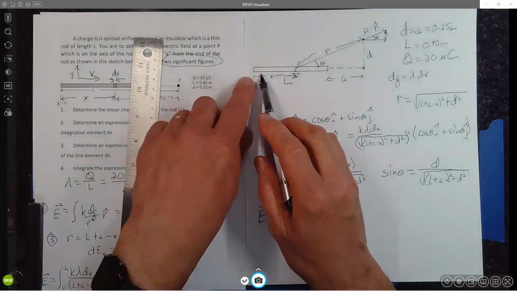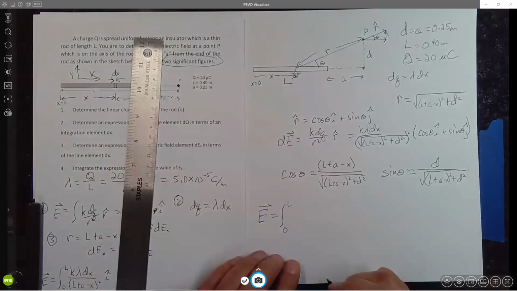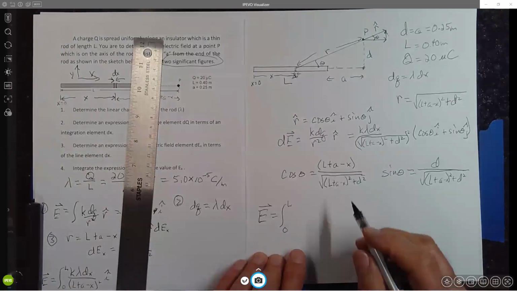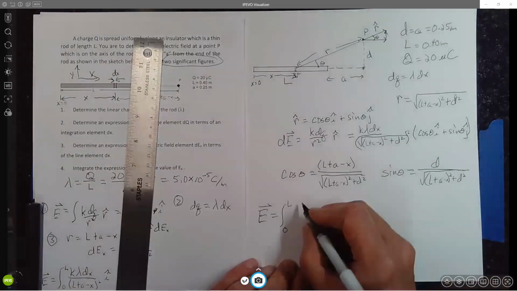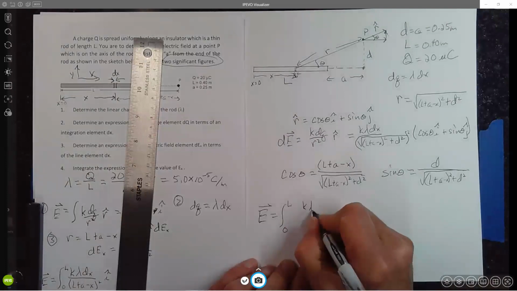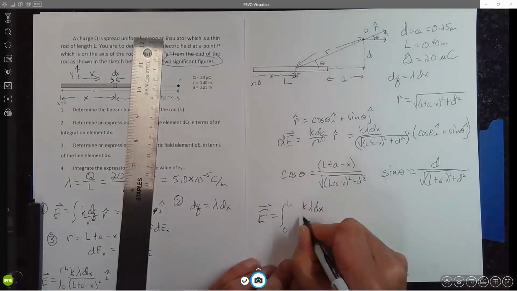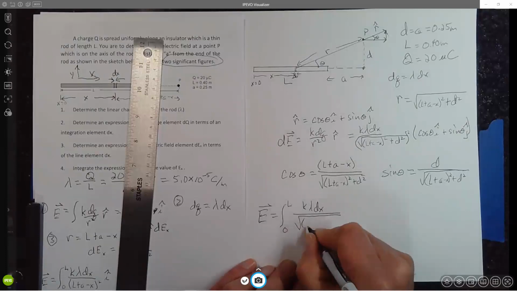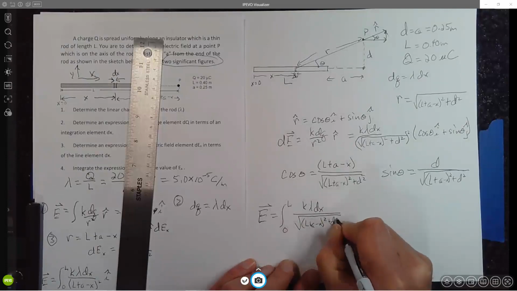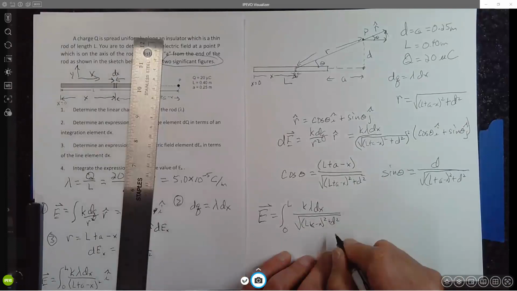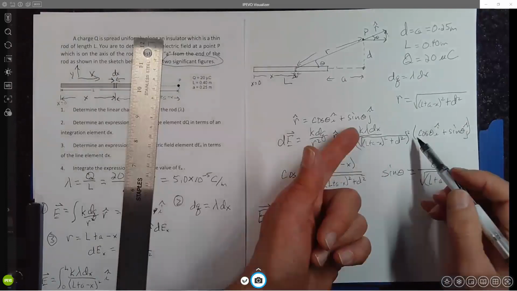I'm integrating over the charge distribution of all this stuff, k lambda dx over the square root of L plus a minus x quantity squared plus d squared. And that's my whole dE.